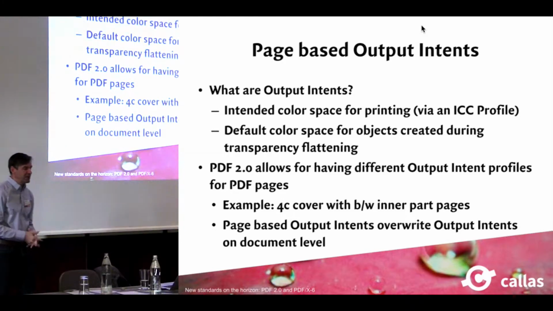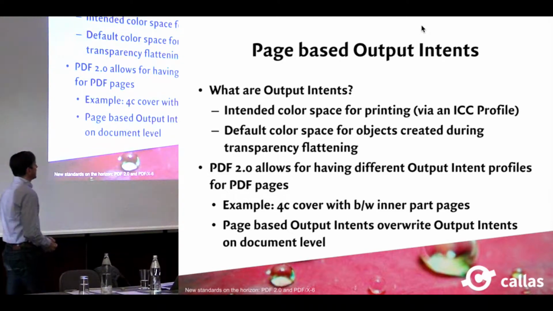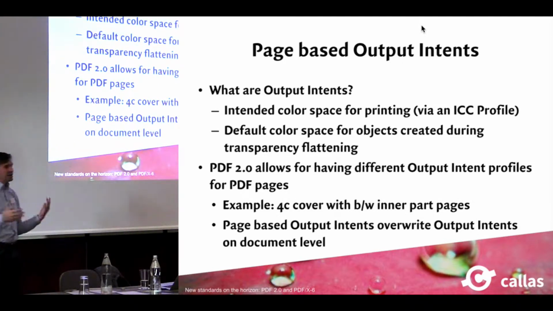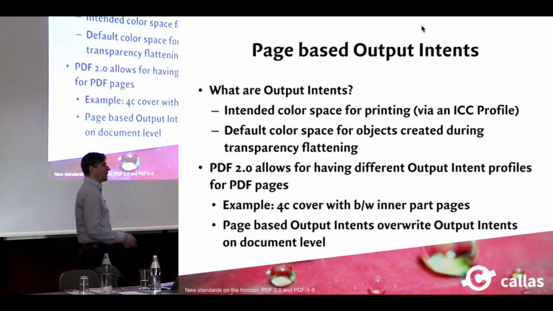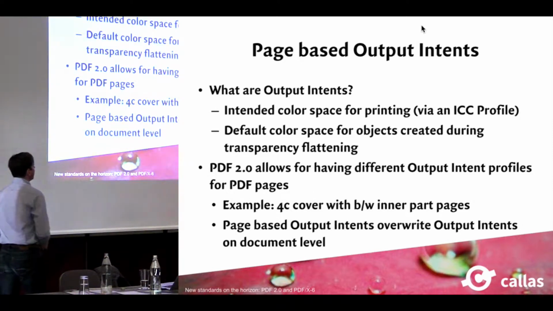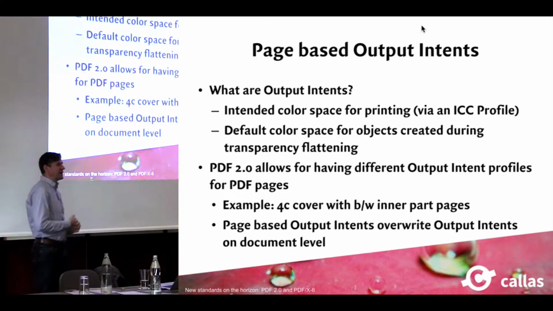So similarly to DPart, it allows you to be more flexible, for instance, we use the same example here, to have a print product where only the cover uses color and the inner part of the product uses just black and white.